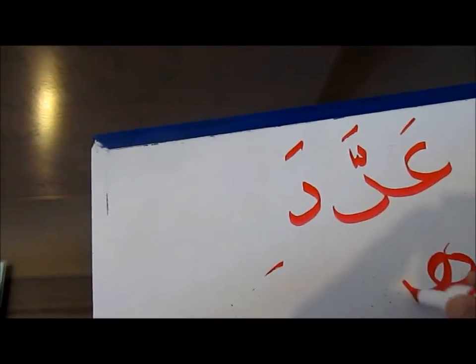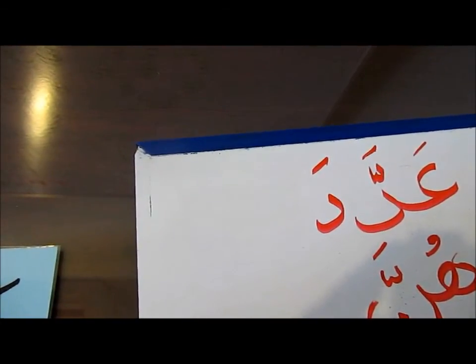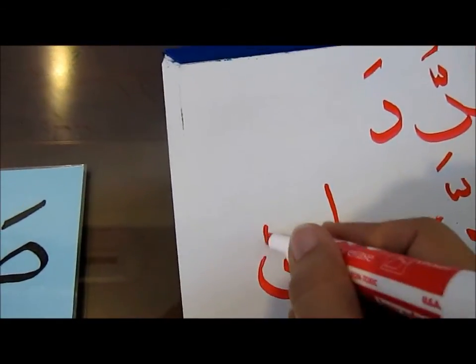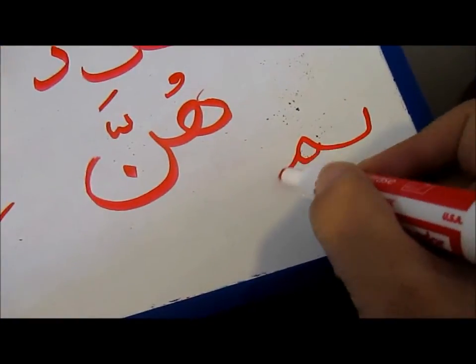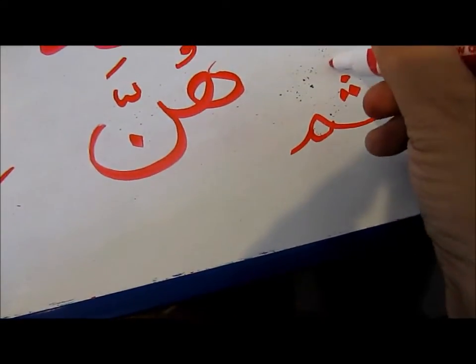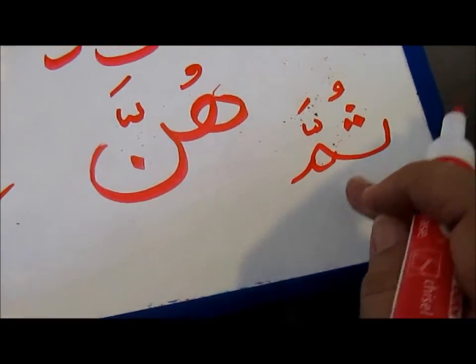For instance, we did it previously, we had hunna, and we'll have inna. It can even be thumma, because here's another one which is very common in the Quran, thumma. Sometimes it even comes with thamma.